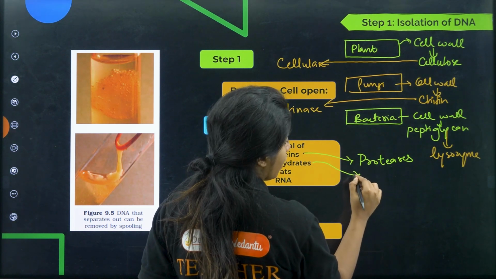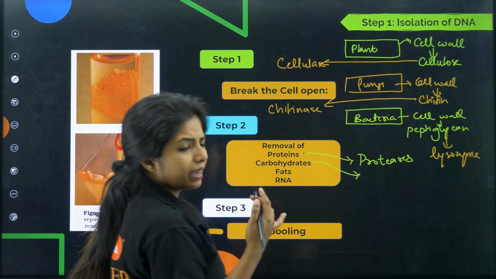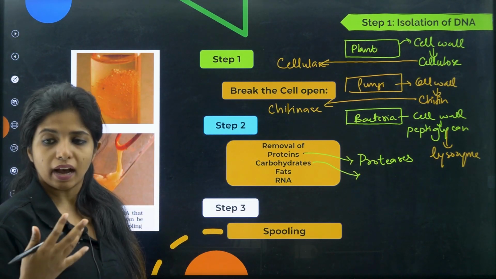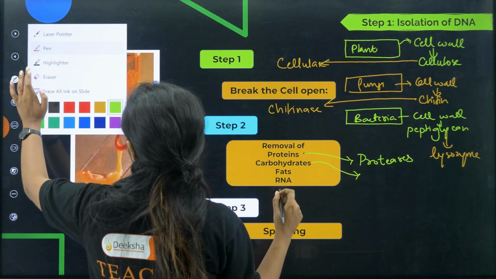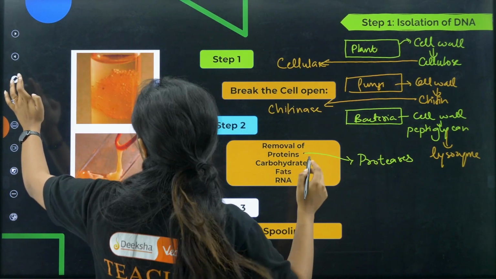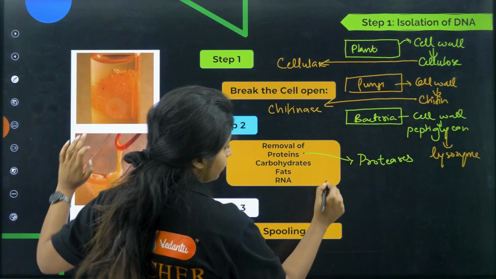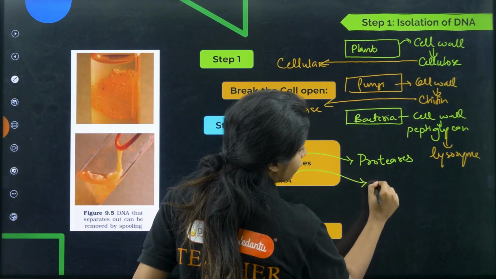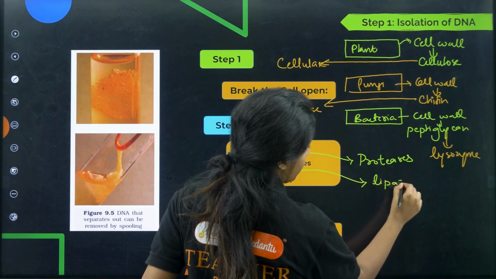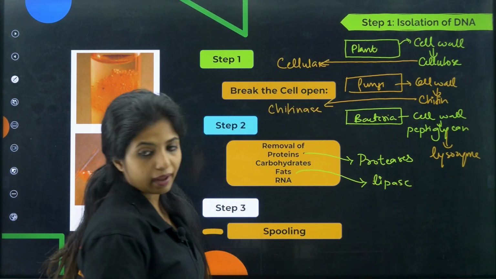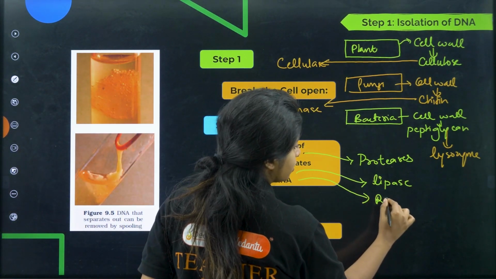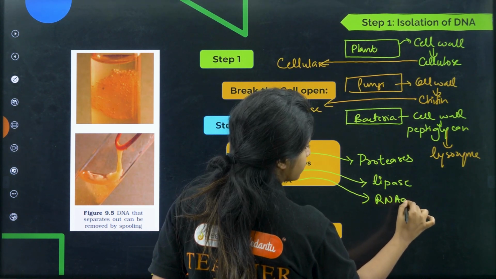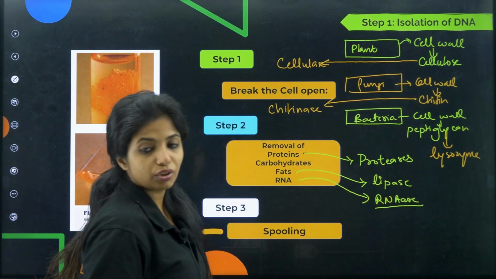For carbohydrates, I have many things, amylases and so on, different types we can use. For carbohydrates I am not going into detail because it's not there in your book. For lipids I will tell. Fats come under lipids, so I have an enzyme that is lipase. For RNA, you have RNase. So you have these three enzymes.